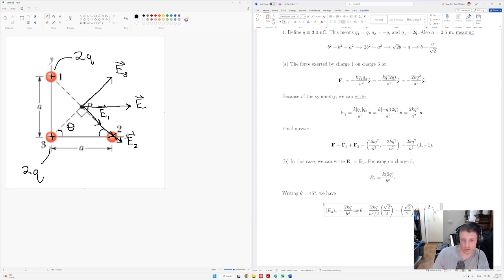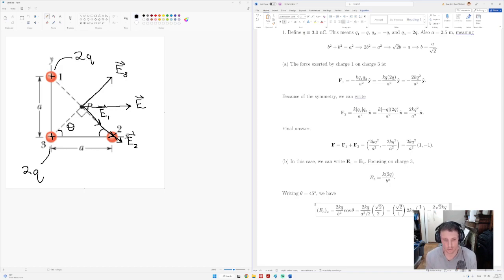Just in case you're not clear on why I said that, we are going to find the x component of E3 and then double that. So what can we cancel? Definitely a factor of 2 can be canceled, so we can get rid of this 2 and this 2. And then what we find is that this is 2 square root 2kq over a squared. This is our x component, I do believe.